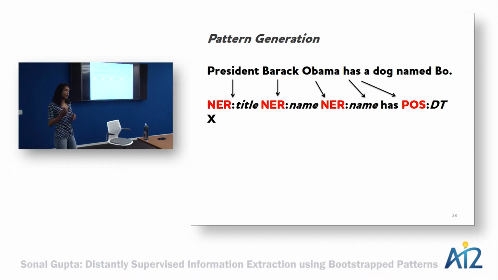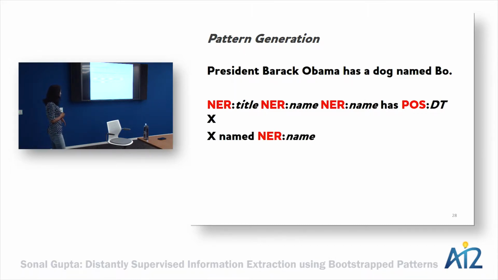So you can create as many patterns as you want, in many different ways. Similarly, you can have another pattern like X named something which is a name, which would match dog named Bo, and something like has X named. You can ignore stop words like and so on.